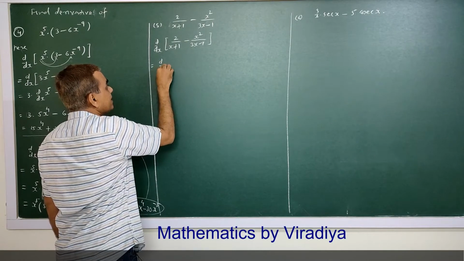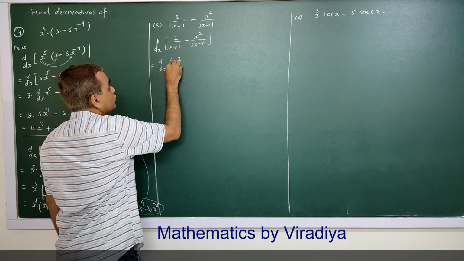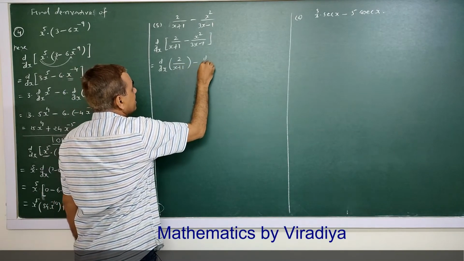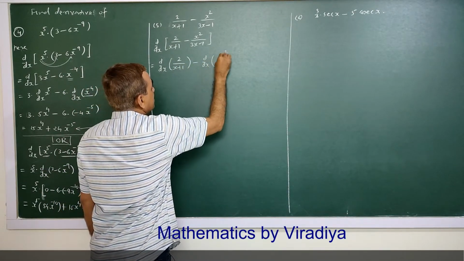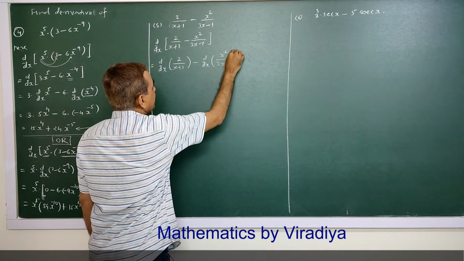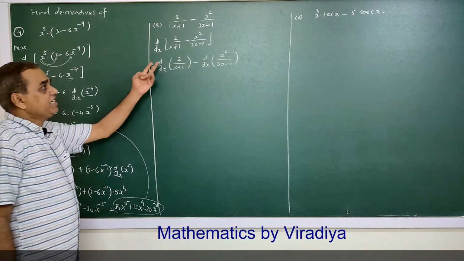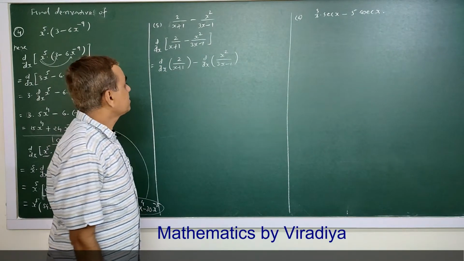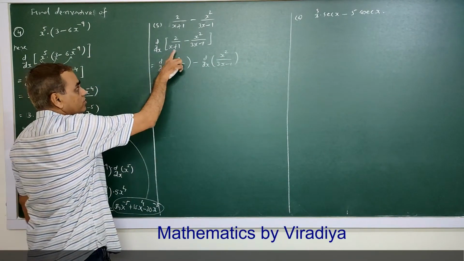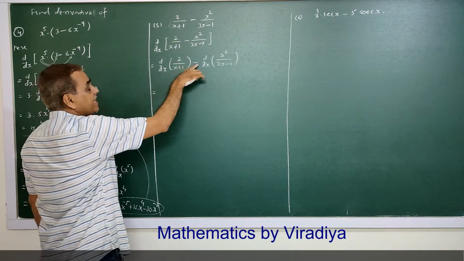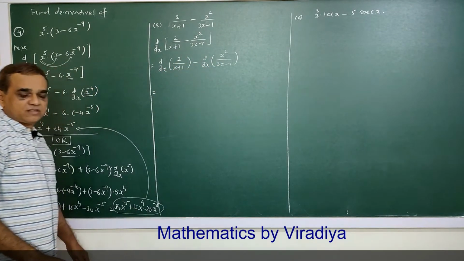So it is d by dx of 2 upon x plus 1 minus d by dx of x square upon 3x minus 1. Differentiate individually by the working rule: derivative of u minus v is derivative of u minus derivative of v.